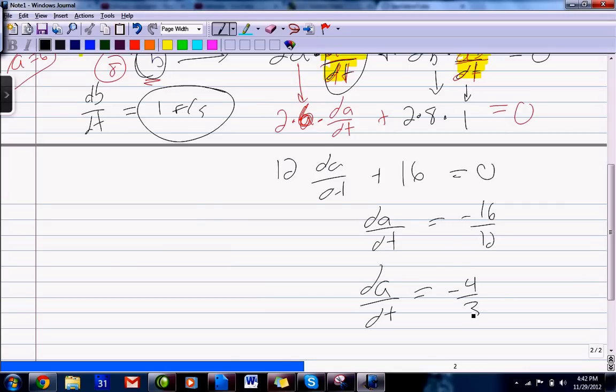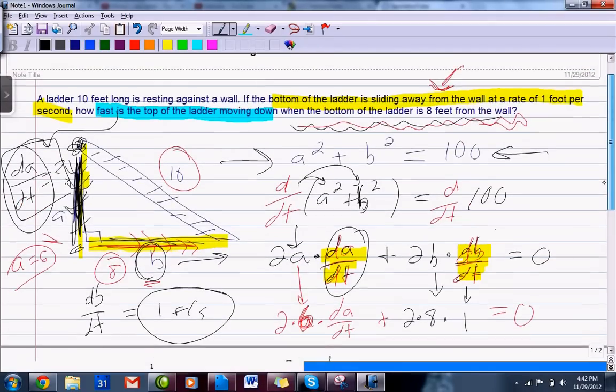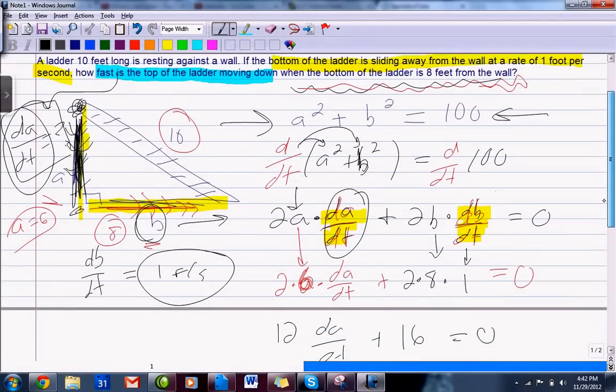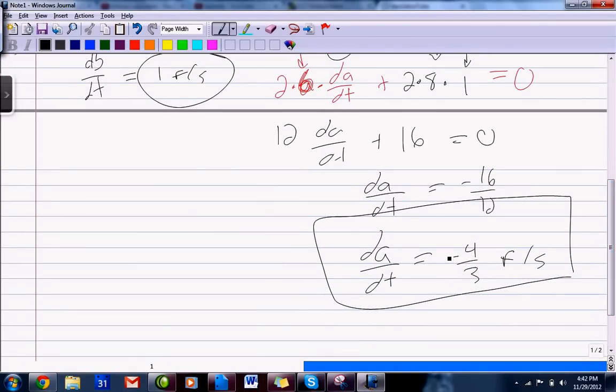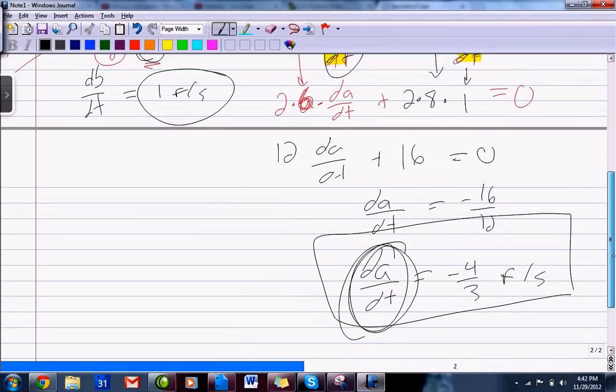And the appropriate label is going to be feet per second. That's negative 4/3 feet per second. Now, why is it negative? Because it's sliding down, and that length a is decreasing. So the rate at which that length a is changing, dA/dt, ought to be negative.